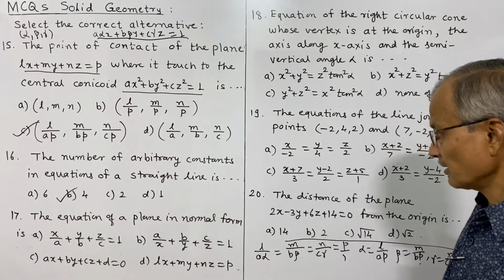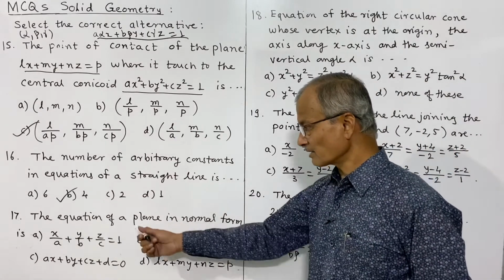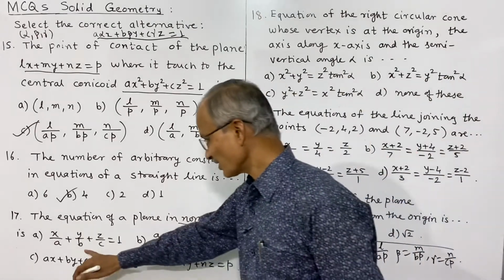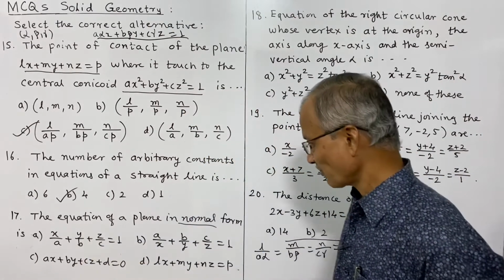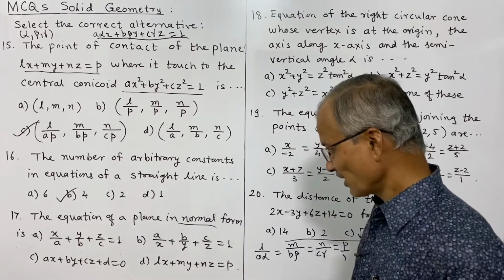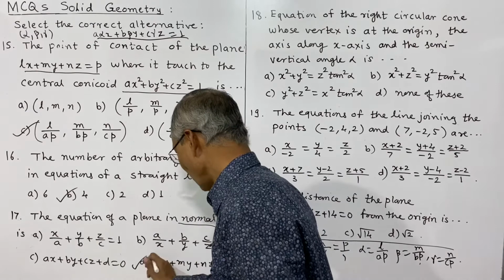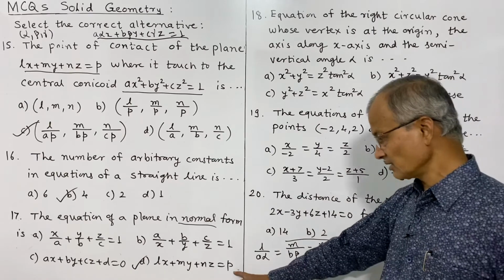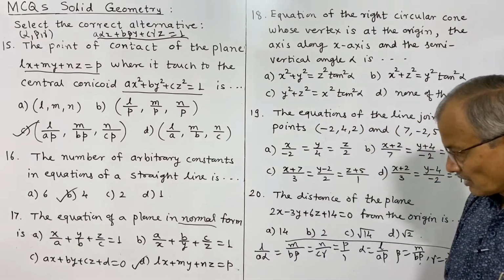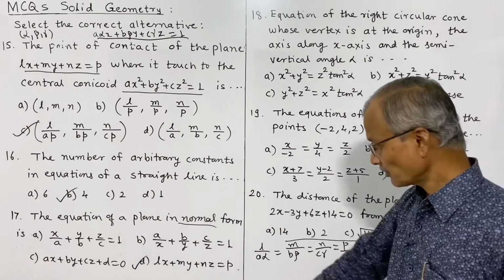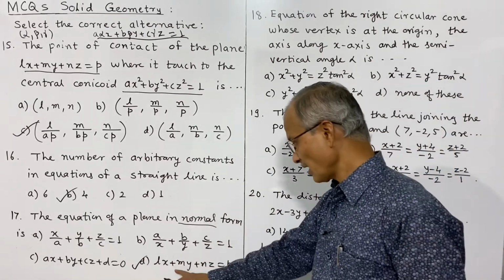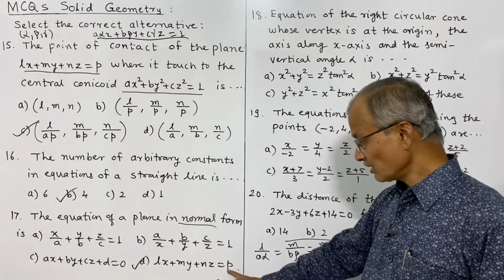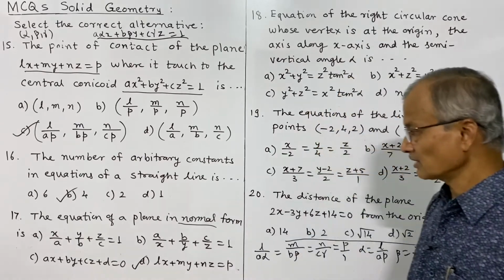The equation of a plane in normal form is, now this is a standard result, the normal form of the equation of a plane. This one we call the intercept form, this is the general form, and this is the normal form, where L, M, N are the direction cosines of the normal to the plane, and P is the distance of the plane from the origin. That is the normal form.